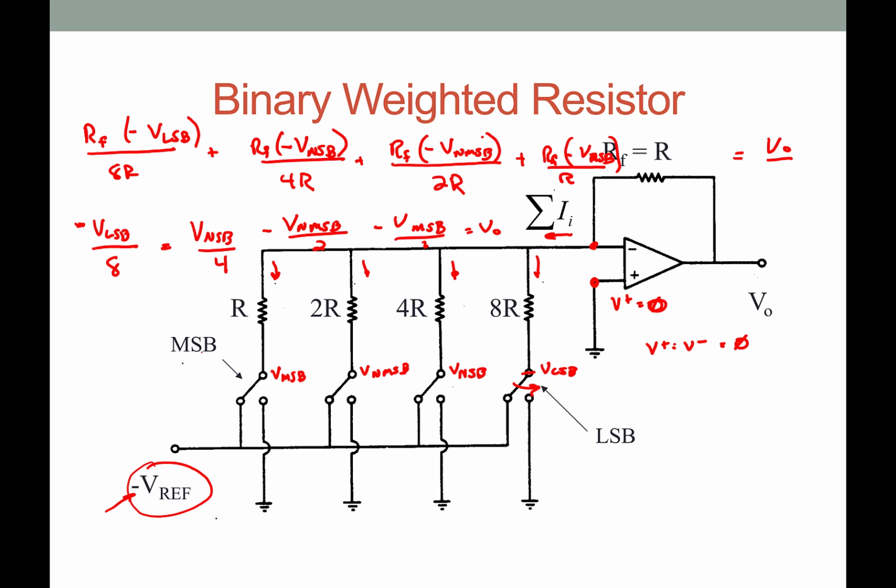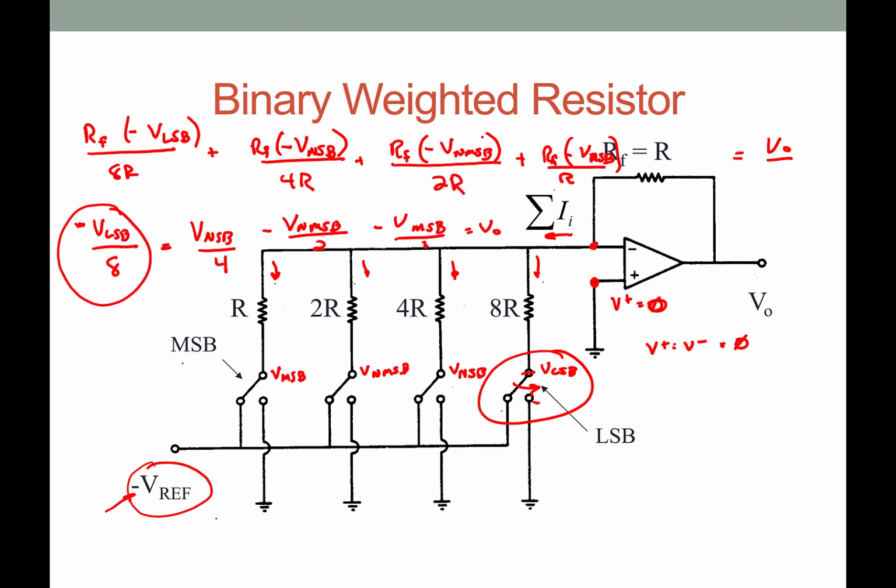This one is this term right here, and if minus Vref is tied to there, then I'm going to get minus a minus Vref over 8, so Vref over 8, but that depends on if this switch is set there. So if the least significant bit is a 1, then I'll put that switch tied into the 8R. If that bit is a 0, then that switch gets down here and we're tied to ground, so we don't have that.